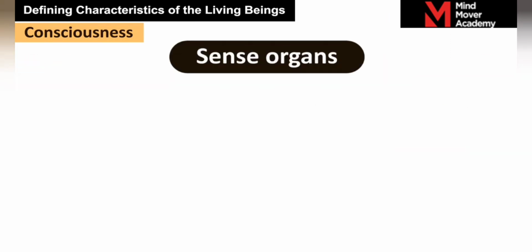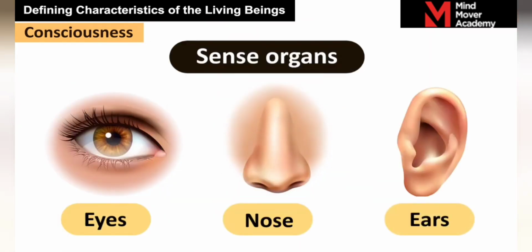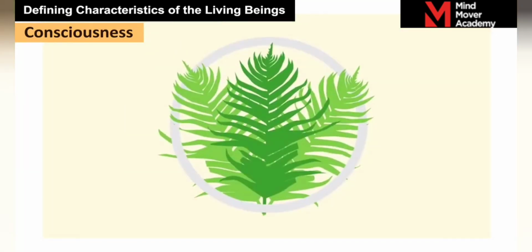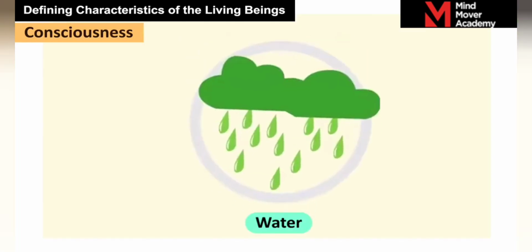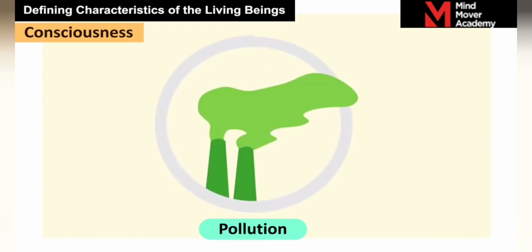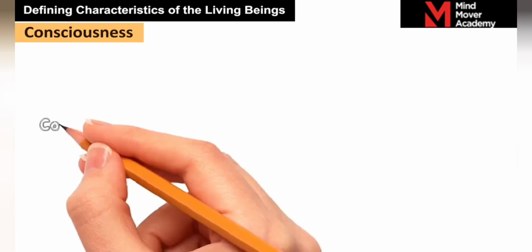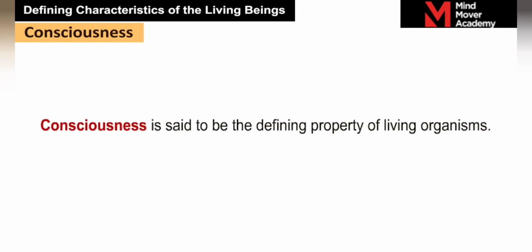Right, it is perceived by sense organs such as the eyes, the nose, the ears, etc. Though plants do not possess sense organs, they do respond to external factors like light, water, temperature, pollution, etc. All the organisms from primitive prokaryotes to the most advanced and complex eukaryotes are able to sense and respond to the environmental factors and conditions. Hence, we can say that consciousness is the defining property of living organisms.